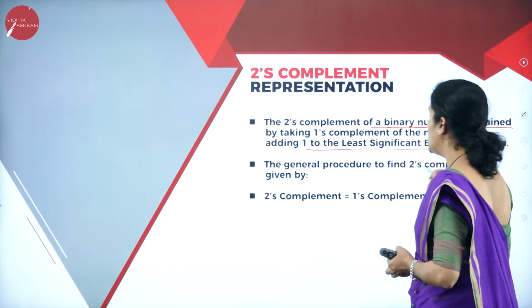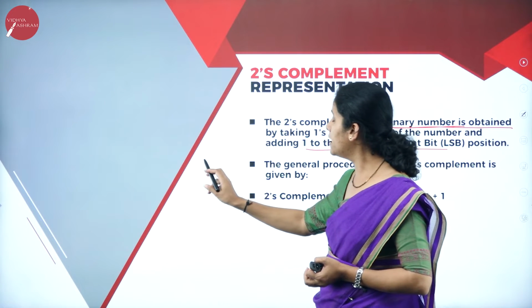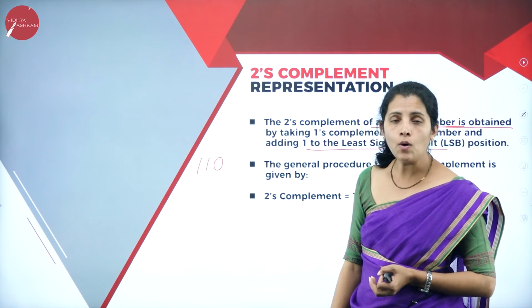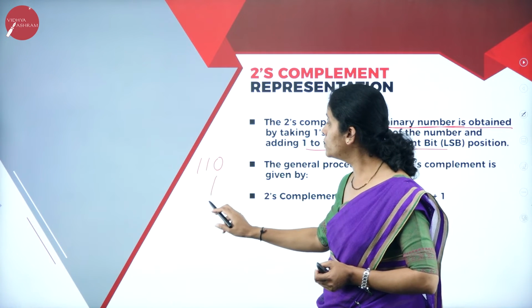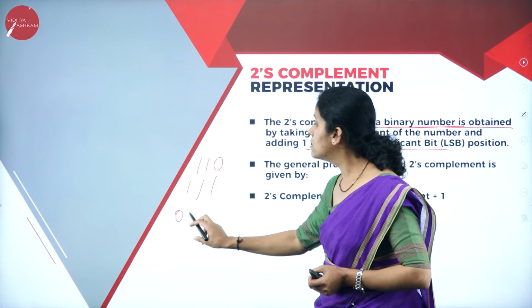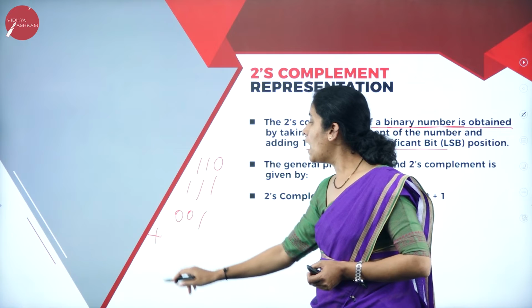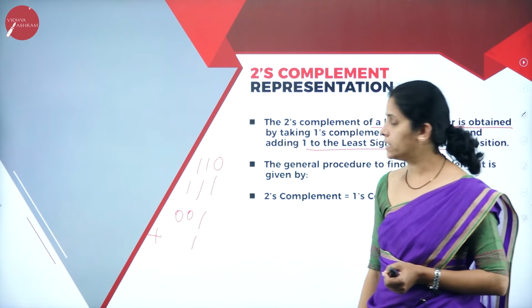to the LSB position. Dear student, think that this is my number. Now, at the beginning, I am going to take the ones complement. Now, I am going to add 1 at the LSB bit.